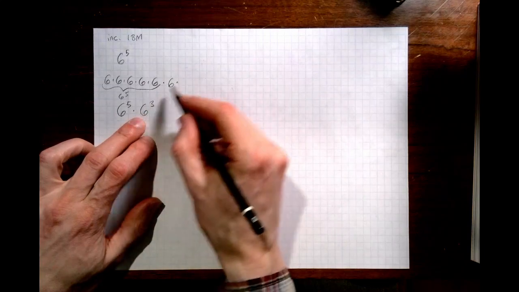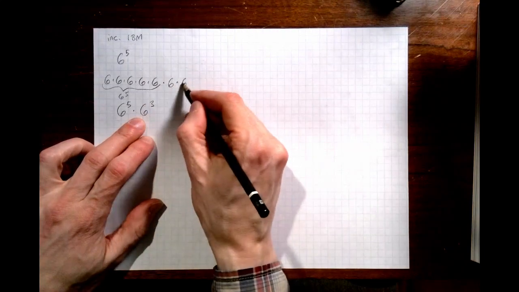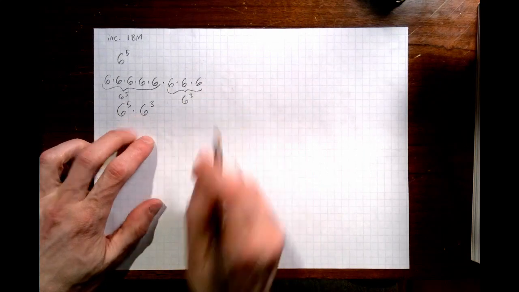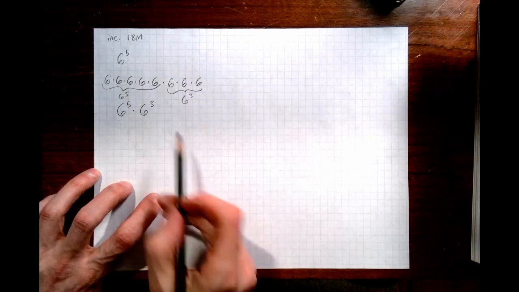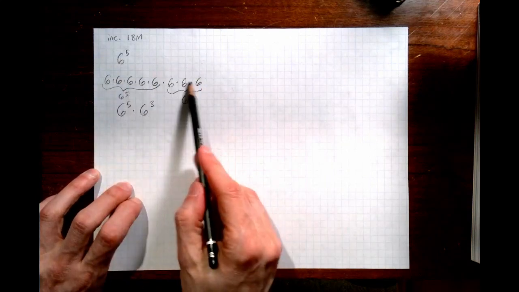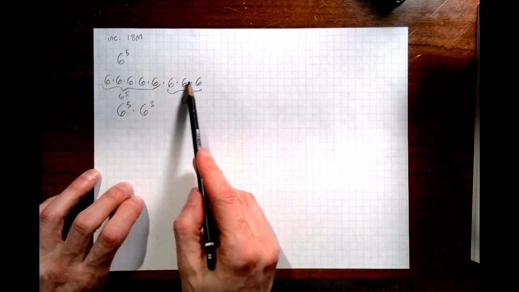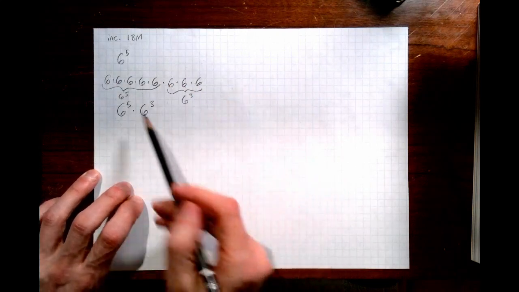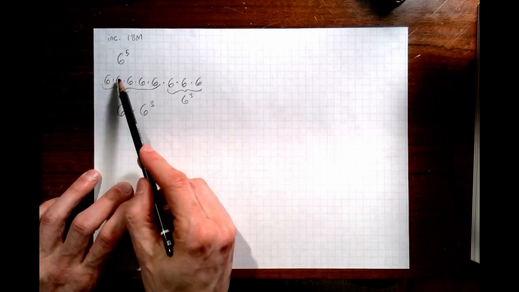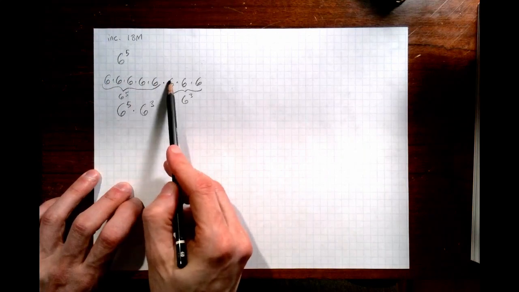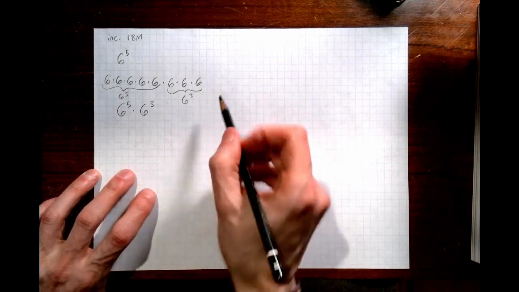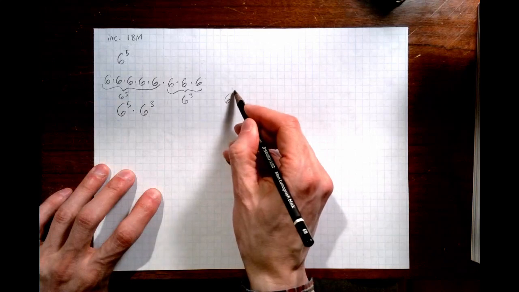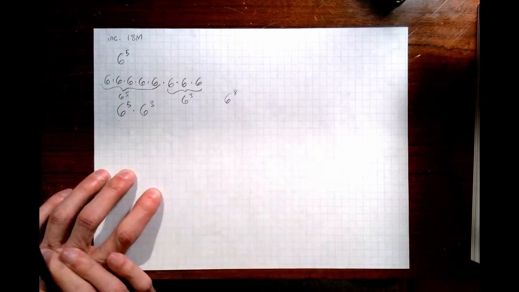We just know this is shorthand for 3 of them. So what is this now? Well, this is 6 times itself some number of times. How can we get that number? We can just count them: 1, 2, 3, 4, 5, 6, 7, 8. So that's 6 times itself 8 times, 6 to the 8. There's the little shorthand way to write it.